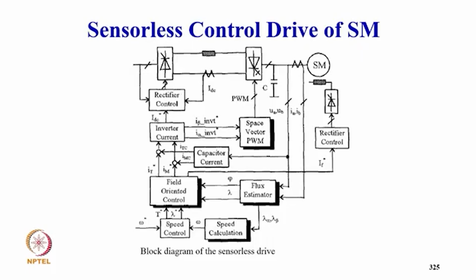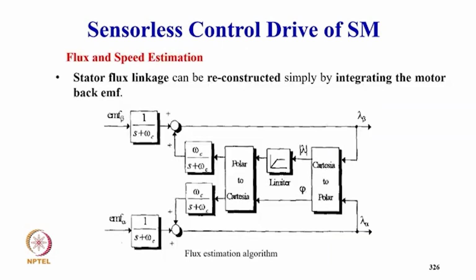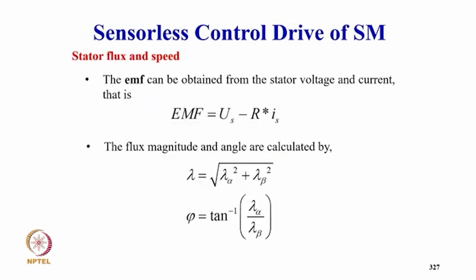So we have the current reference, and we have a DC link current also to drive the current source inverter with power feedback and sensorless mode. And this is the stator flux estimation, which can be converted from back EMF, and this EMF can be obtained from the stator voltage vector.